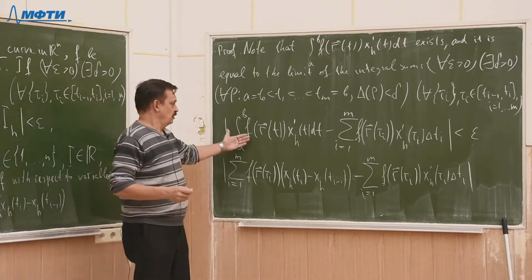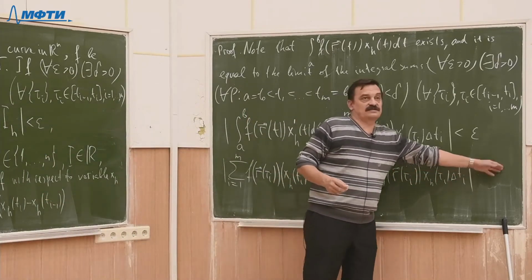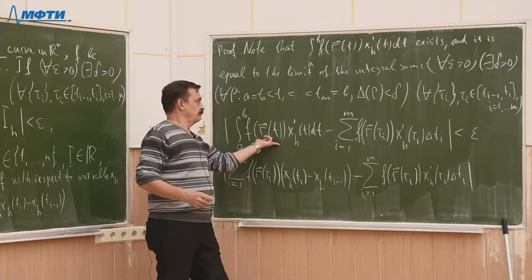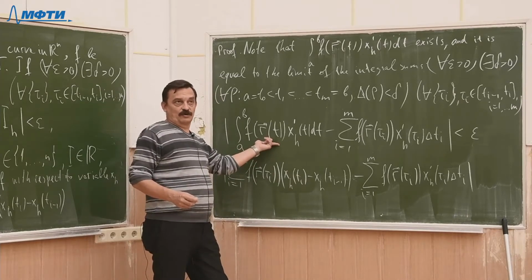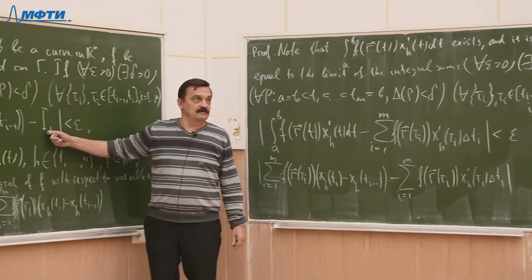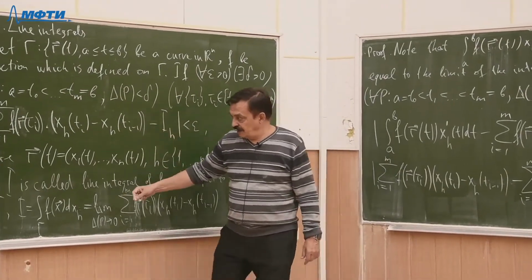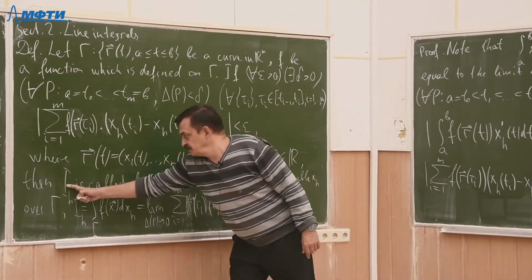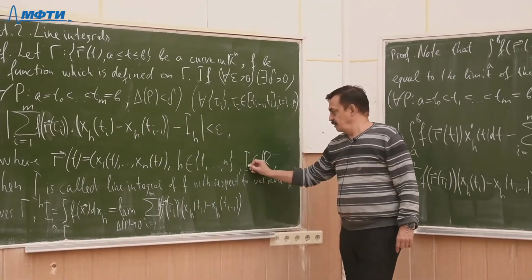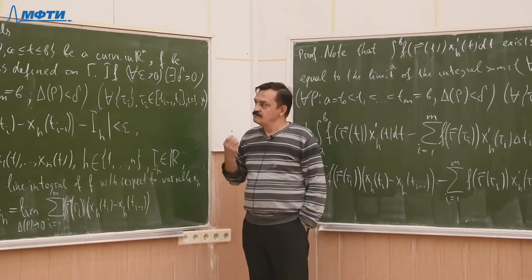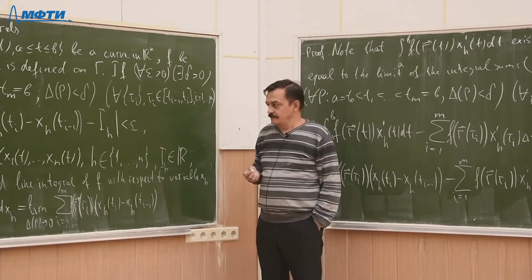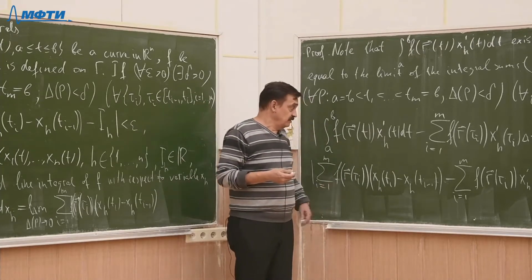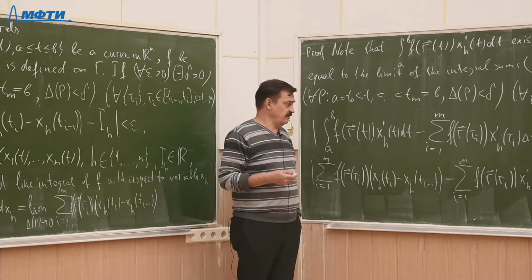Because if we estimate it as less than epsilon, then the difference between this integral sum and that integral is small, and that is precisely what we ask from the definition. But this can be done very easily.